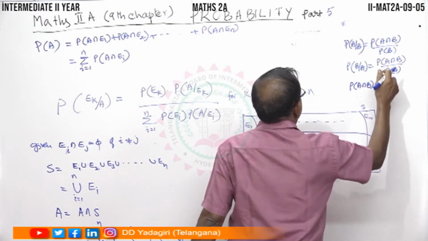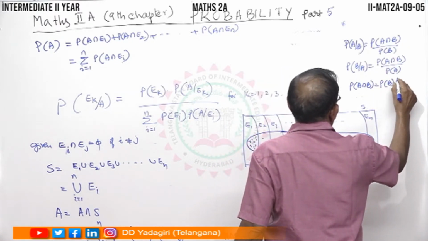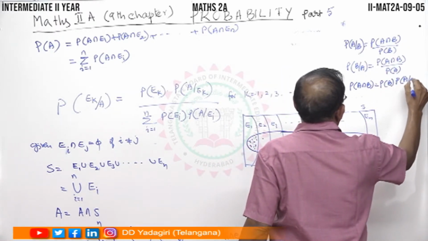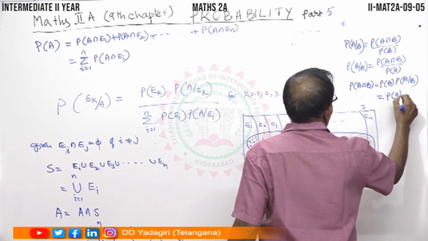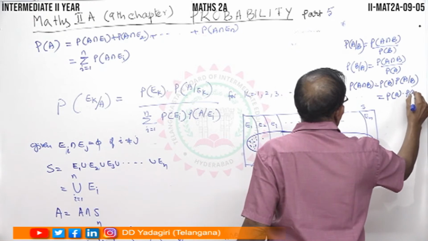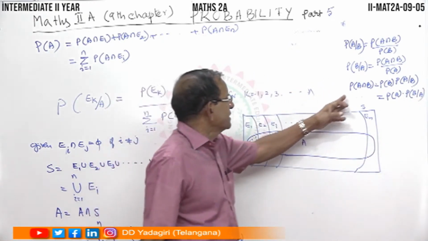P of A by B into P of B, or P of B into P of A by B, or the same thing as P of A into P of B by A. Now you can use either this or this.